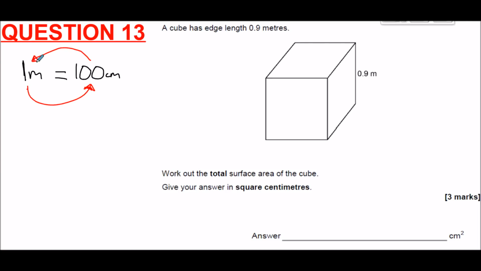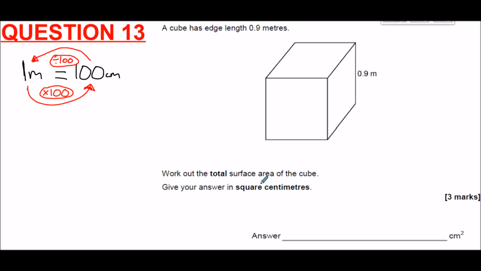So that is, in this case, multiplying or dividing by 100. If I'm changing from meters to centimeters, I'm going from a small number to a bigger number, so I'm going to be multiplying. Going the other way around, from 100 down to 1, it's going to be dividing by 100.